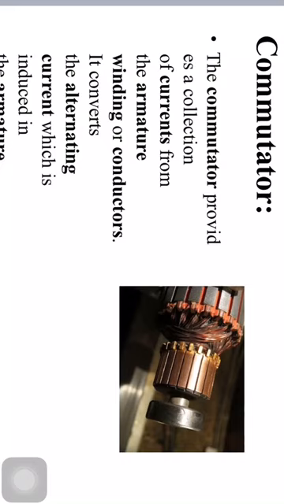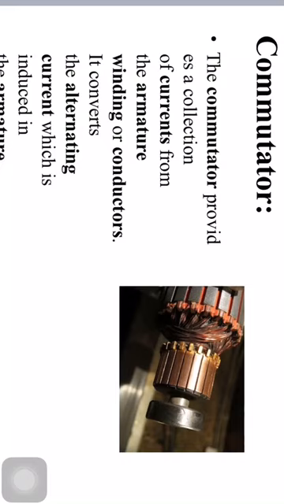The main function of a commutator is to facilitate the collection of current from the armature conductors, to convert internally developed alternating EMF to directional EMF, and to produce unidirectional torque in case of a motor.